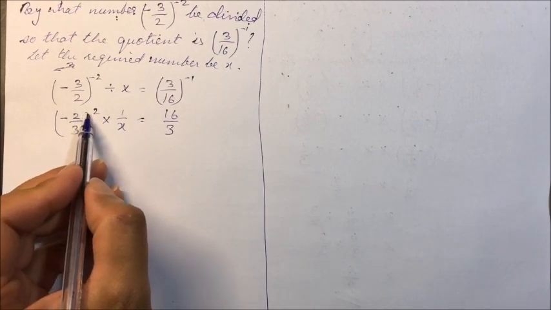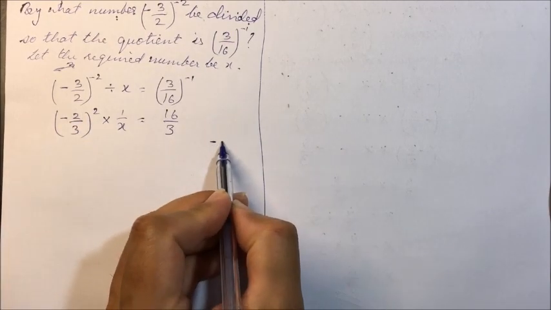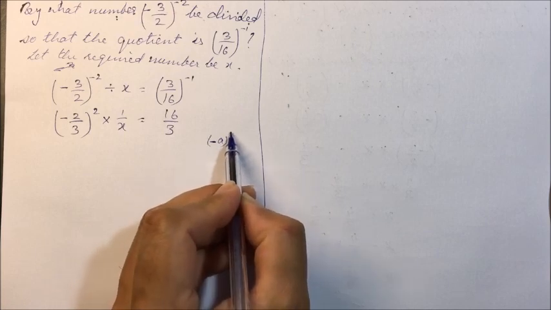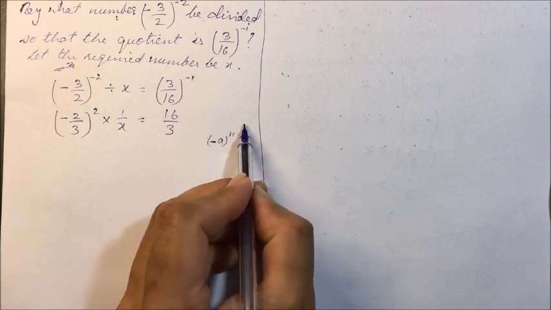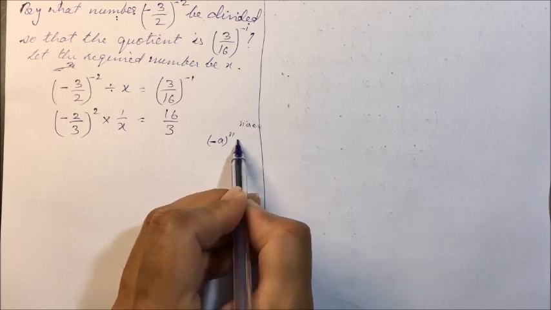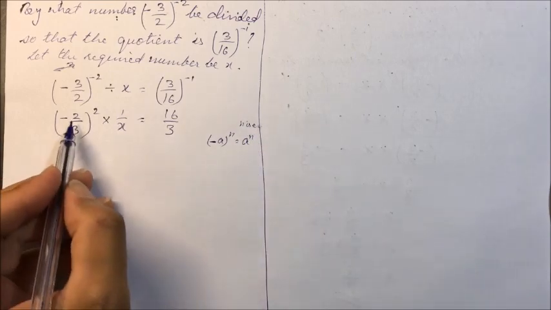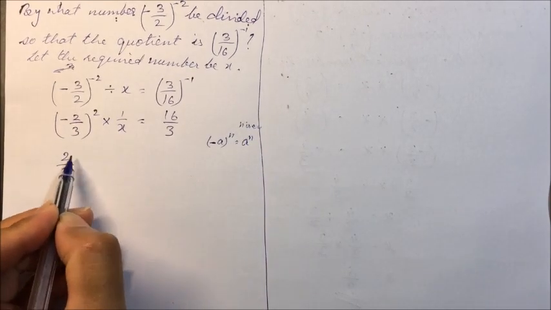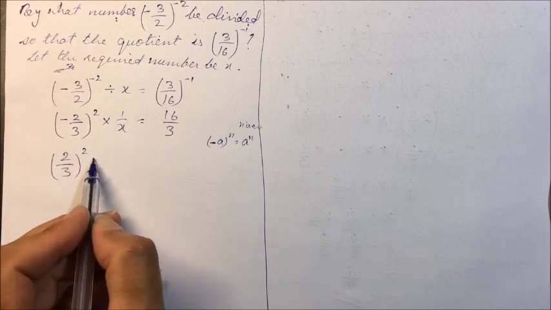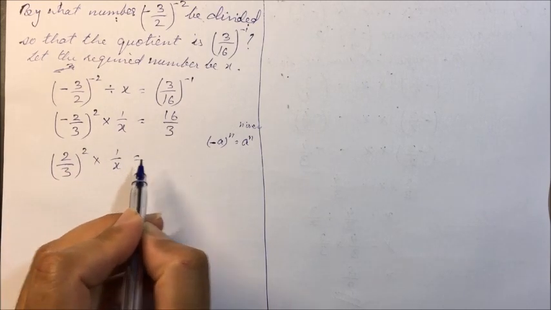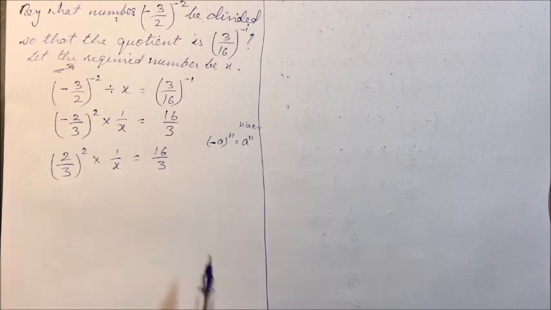Now next, we have studied that for any negative number with an even power, that is, n is even, it is equal to a raised to power n. So we can write this as (2/3)^2 into 1/x equal to 16/3.